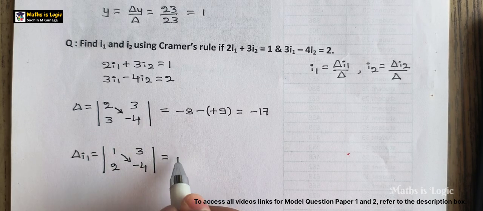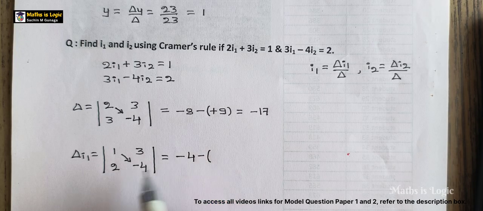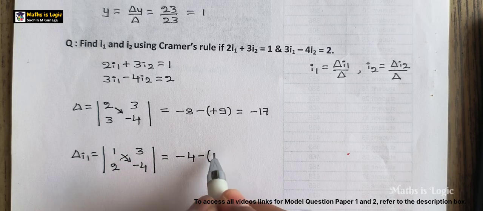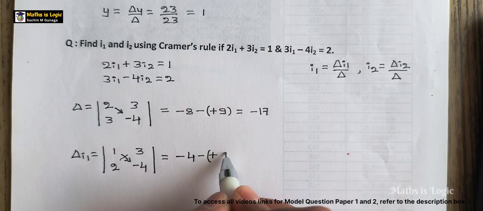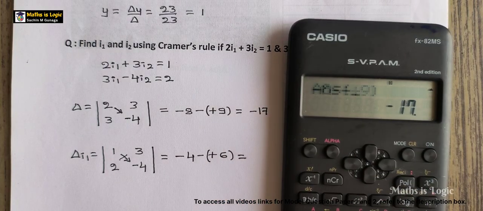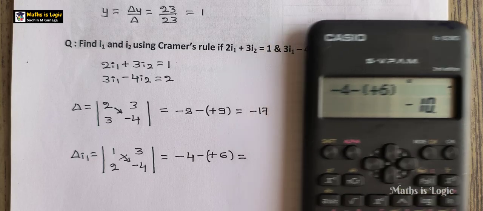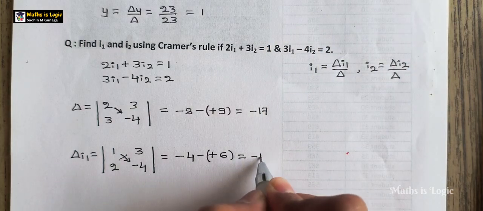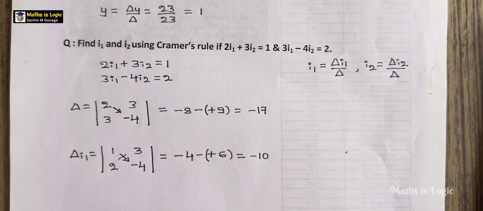Plus into minus is minus, 1 into 4 is 4, middle minus sign, plus into plus is plus, 2 into 3 is 6. Therefore minus 4 minus of, in bracket, plus 6, minus 10. So write minus 10.